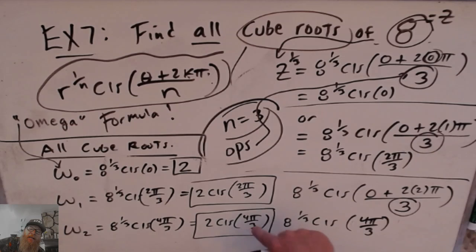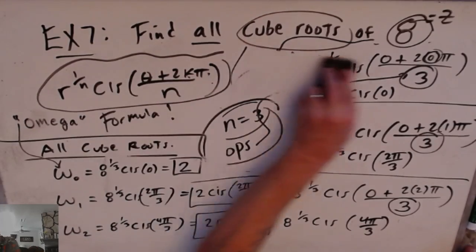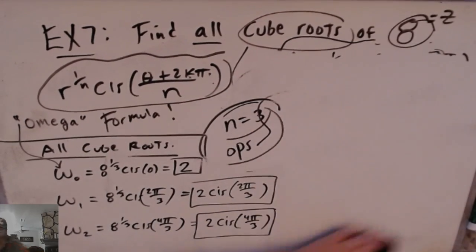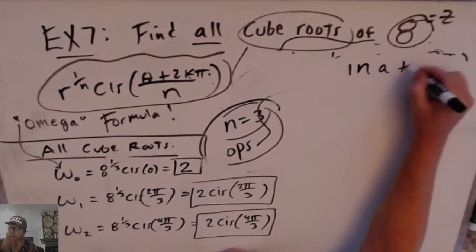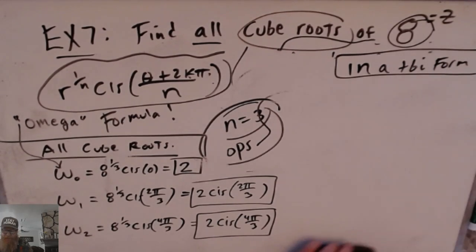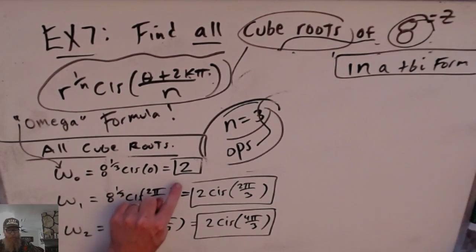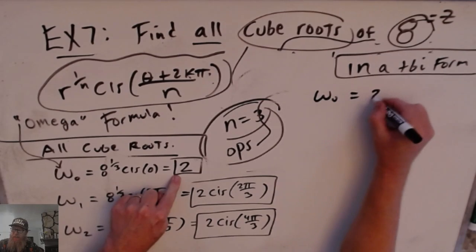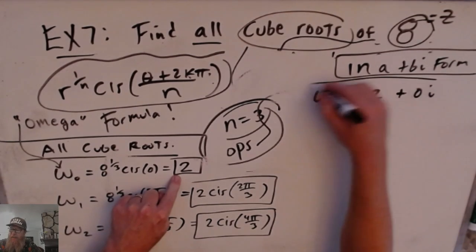Now, these are not in the standard rectangular form. These are in the cosine i sine form. You might want to rewrite these into another form, a plus bi form. You got a little bit more work to do. Well, this one's easy. 2 plus 0i, that one's done.